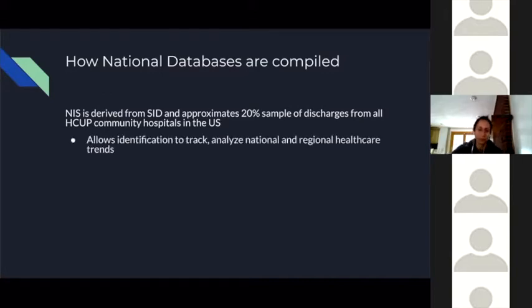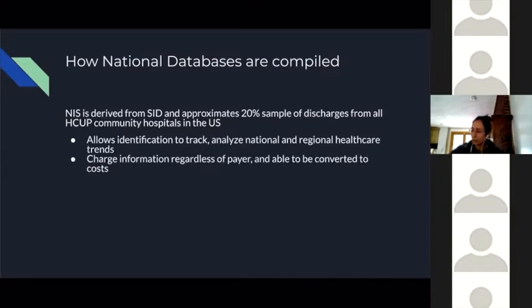With that, it allows us to identify, track, and analyze national and regional healthcare trends. We can also get charge information regardless of the payer, and that can be converted to cost. It is important to know that the national databases don't just focus on Medicare or Medicaid. They use all payers, so you can get a lot of cost data.